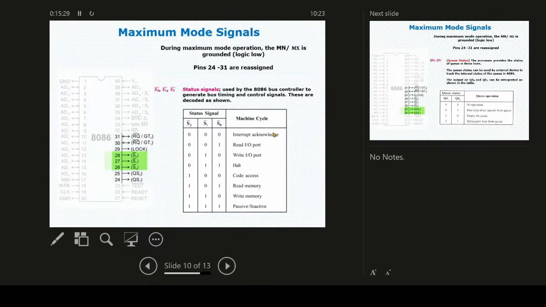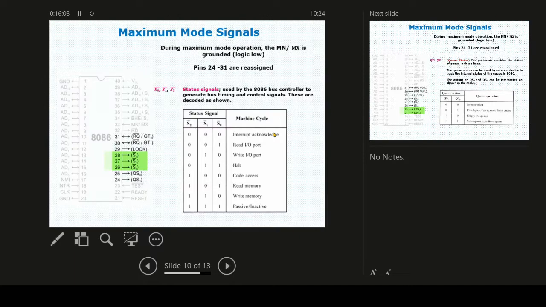The main working here is done by the status signals. Status signals are used by the 8086 bus controllers, which generate the bus timing and control signals, and based on the values of the status signals, we can say how the machine is working. If S2 bar, S1 bar and S0 bar are all 0, then the machine works in interrupt acknowledgement.